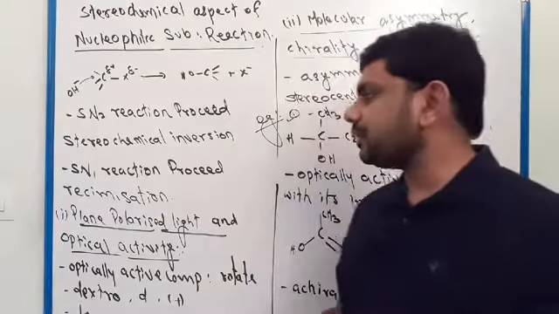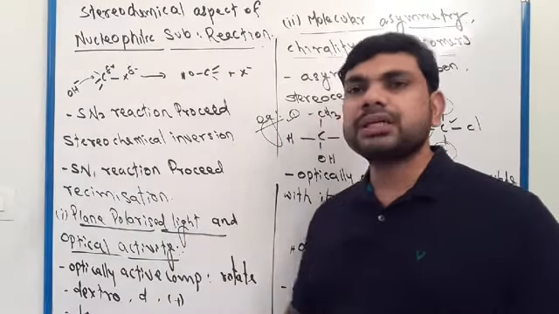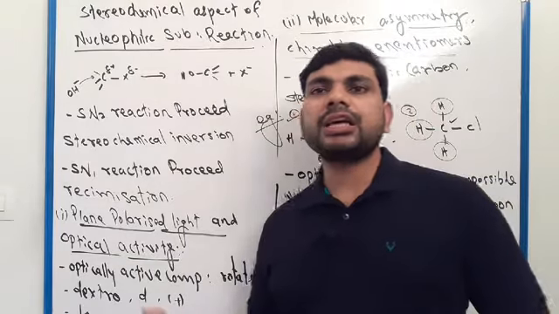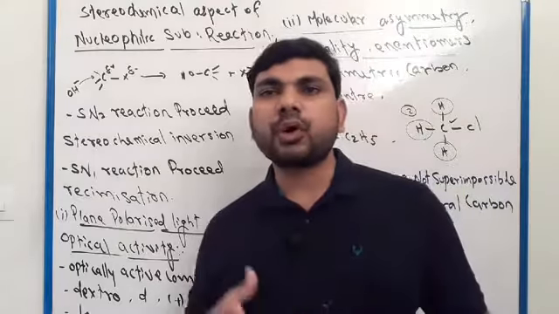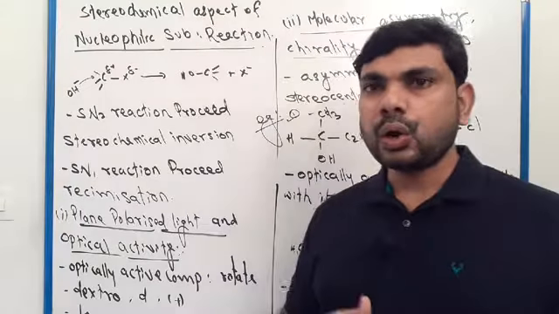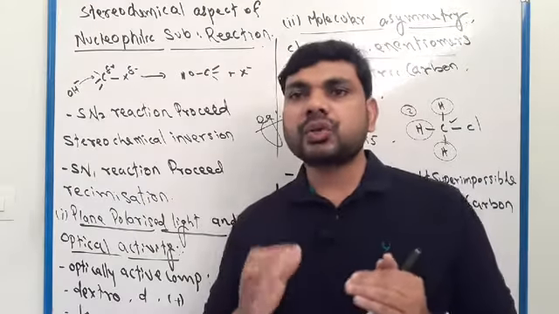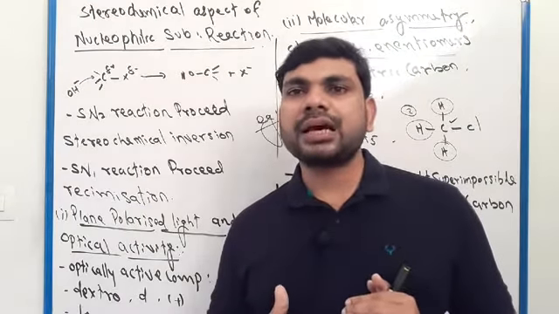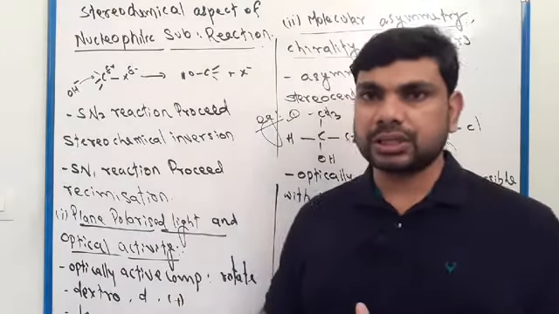Next we have to understand plane polarized light and optical activity. Optical isomerism we already discussed in coordination compounds. Optical isomerism means a compound rotates plane polarized light in a clockwise direction or anti-clockwise direction.